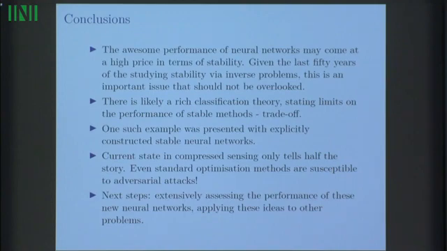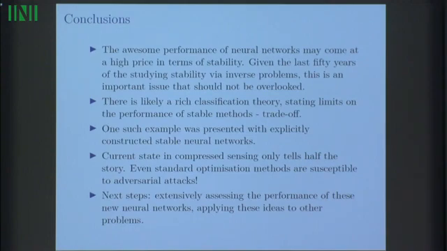One such example was presented here, where you could explicitly construct neural networks that were stable. These neural networks aren't trained. You have to go away and actually explicitly do some analysis and construct them.